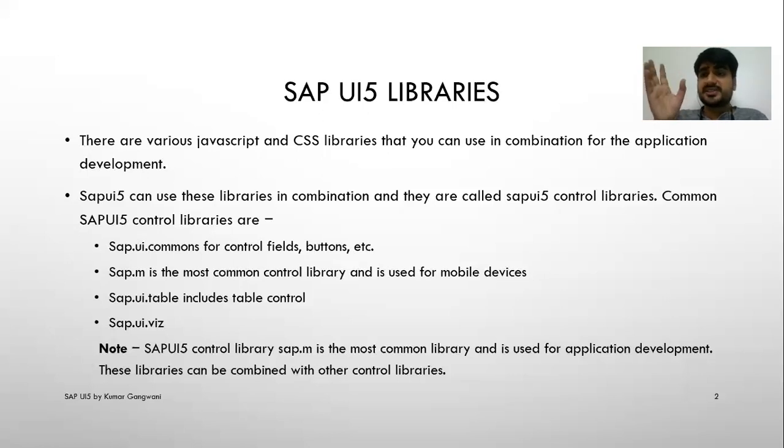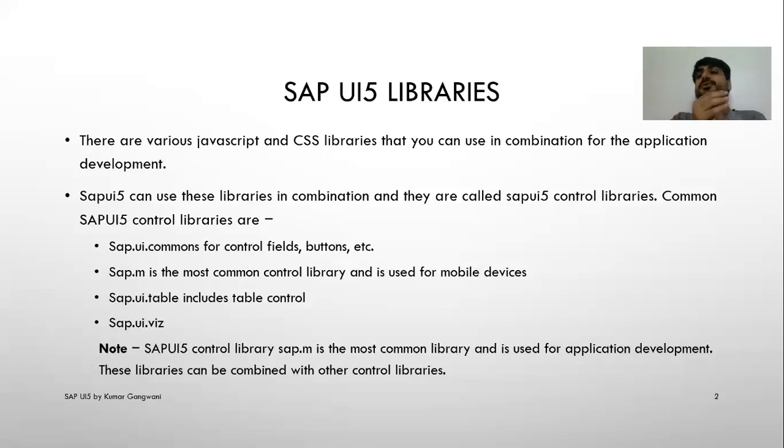Develop it on your personal laptop or desktop, deploy it to Cloud Foundry, make the .apk file, put it on your mobile, and then you can use it in both places. So it's better to use sap.m because it's compatible with both desktop and mobile, but it's not always good to use sap.ui.commons and sap.ui.table because they may not function correctly in mobile.